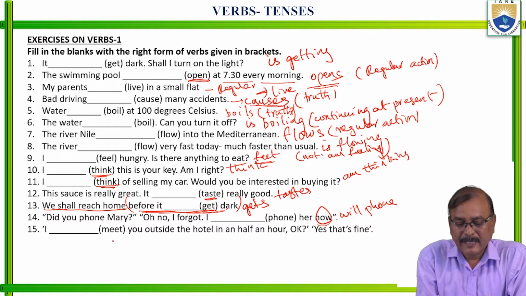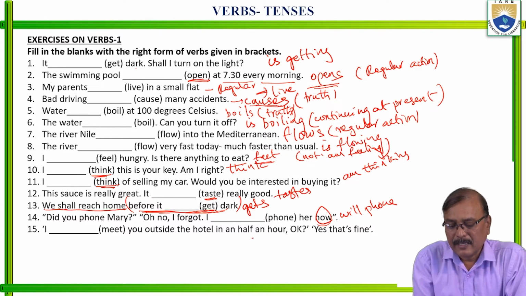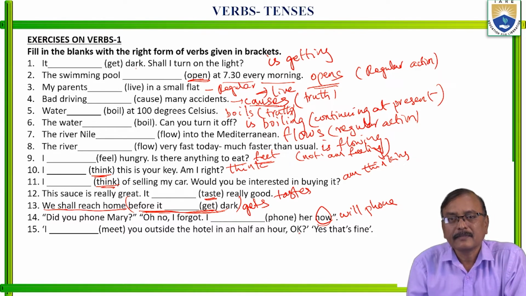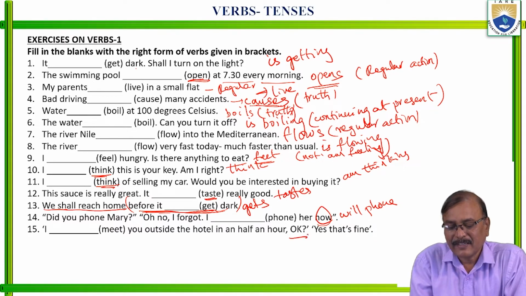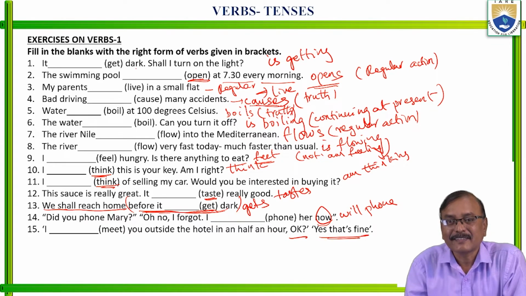Next. I will meet you outside the hotel in an hour. Is it a completed action or a future action? For a past action, do you say okay or future? Yes, that's fine.